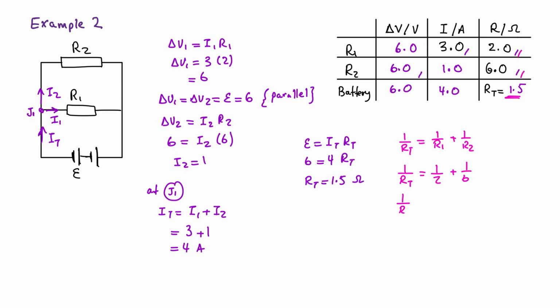Take a common denominator of 6 here. We got 3 plus 1 over 6. So 1 over RT, at the numerators, I get 4 over 6. Take the reciprocal, 4 over 6, switch the numbers to 6 over 4, which is equal to 1.5, and that confirms the 1.5 here.